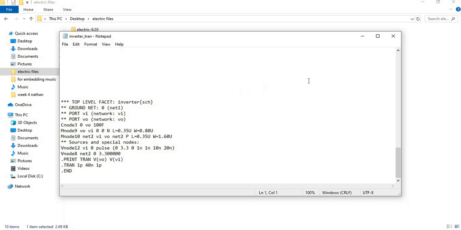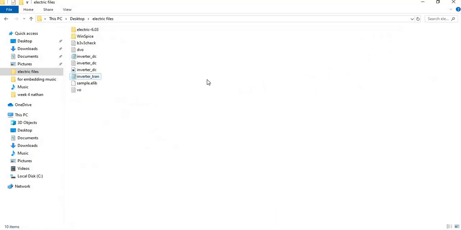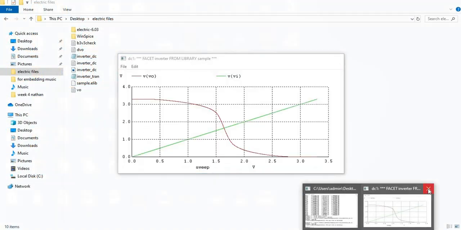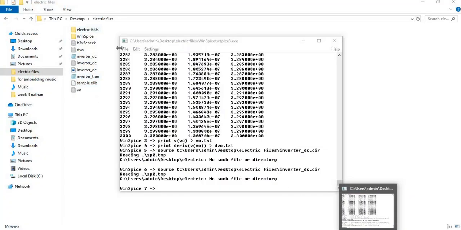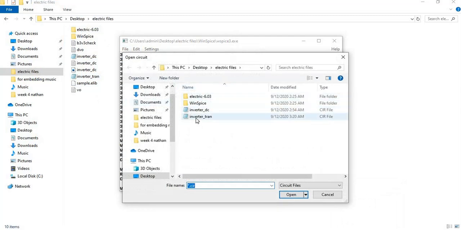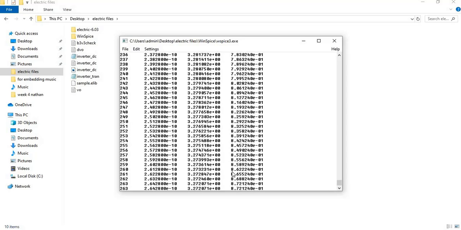From our WinSpice, you can close this window. Then just run the inverter transient analysis.